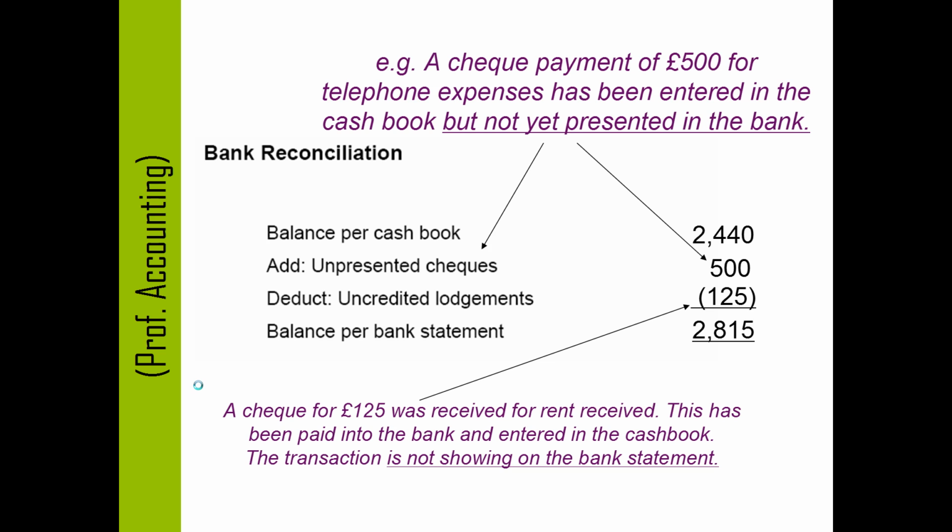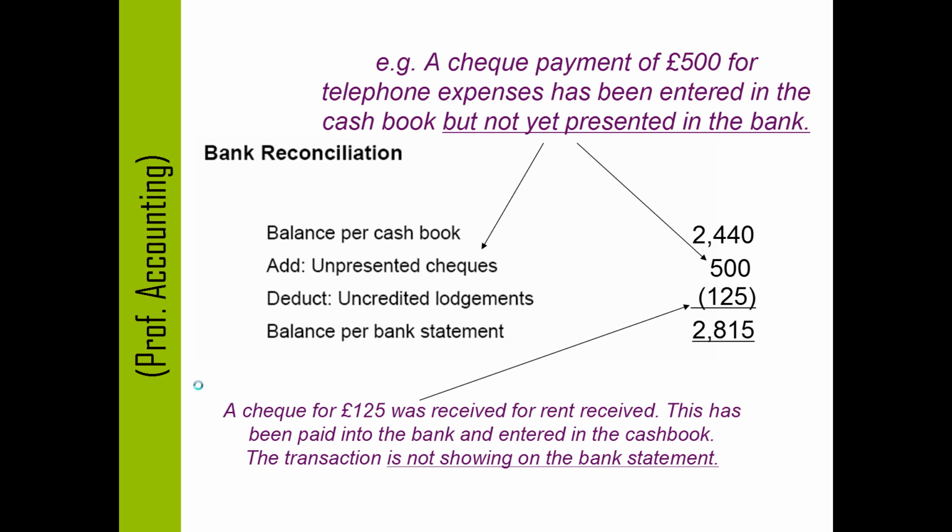We've gone from a bank balance as per our records of 2440, and we've compared that value to the bank statement, and the bank statement has indicated a higher value. So we've had to find a difference from 2440 to 2815, which is a difference of £375. And that difference of £375 is due to an unpresented cheque of £500 and an uncredited lodgement of 125.